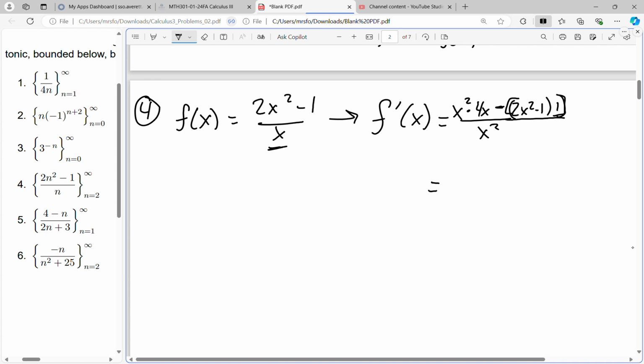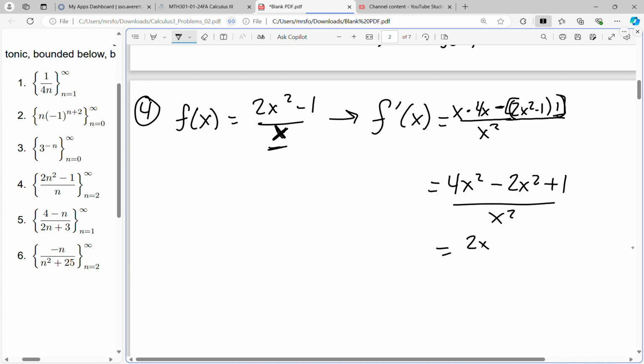So doing that, it would be x times 4x, because I'm using this x. That becomes 4x squared minus 2x squared minus a negative 1, which becomes a plus 1, all over x squared.